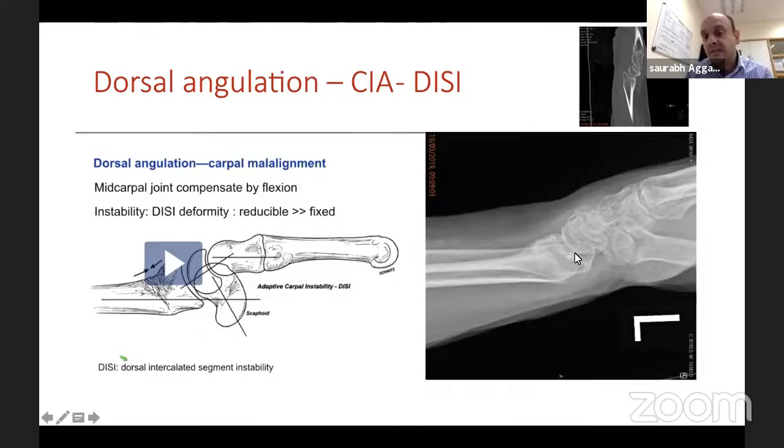So you can clearly see here the scapholunate angle is around 90 degrees. So there's a mid-carpal joint compensation. There's a DISI deformity. Initially, it will be flexible, and with time, it will become fixed. So this is important to understand how the wrist compensates. Was carpal instability adaptive, and what is DISI?